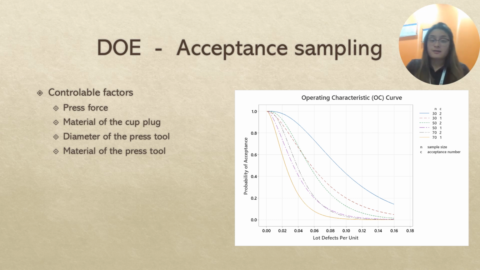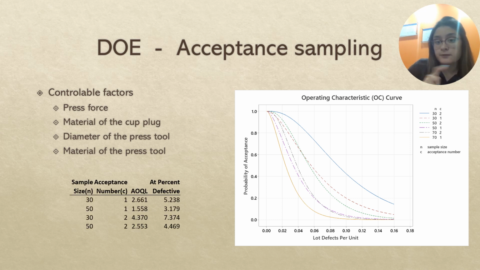But this is a little bit hard because reviewing a sample of 70 takes longer than we expected, and we cannot be running at the same time to complete the measurements. So that's why we are taking the 50 sample size and also the acceptance number of 1.